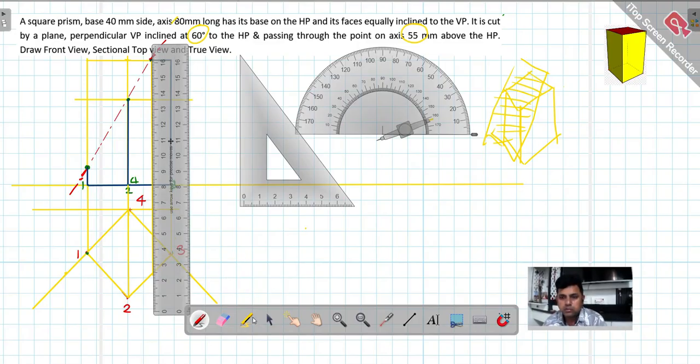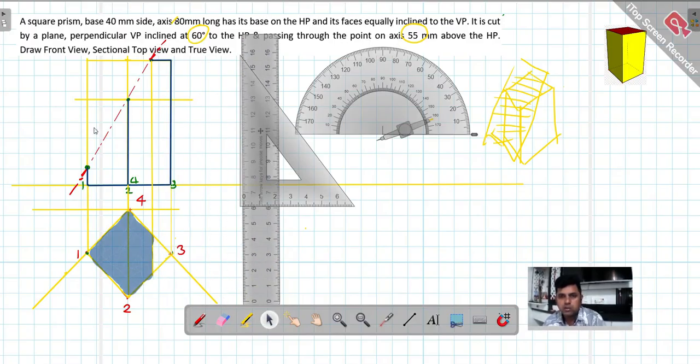That portion is nothing but this portion cut down, see, the portion which I am marking here is actually not there now in the prism. Okay, so this portion is removed. That portion which is shaded by the blue color is nothing but this portion. Okay, this portion we have removed, so we cannot shade it. We are supposed to mark it by the section lines.